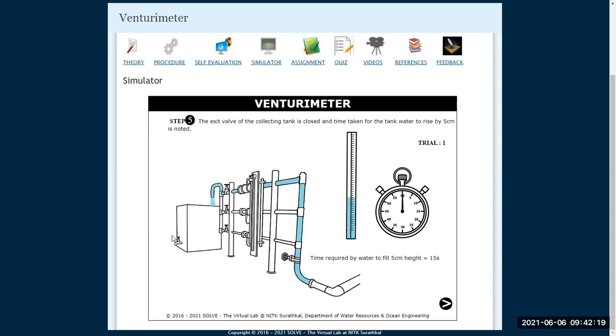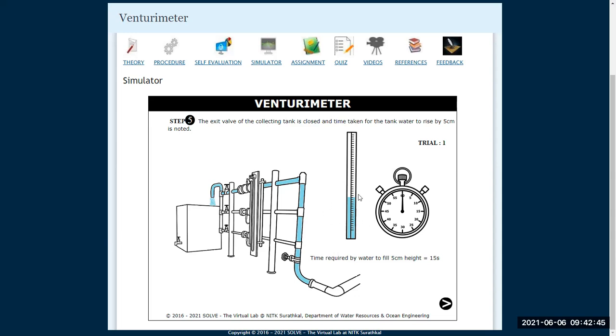After closing this valve, you have to note down a time. Using a stopwatch, you note down the time taken by the collecting tank to rise 5 centimeter head of water. The collecting tank is fitted with a piezometer to know the rise of water.